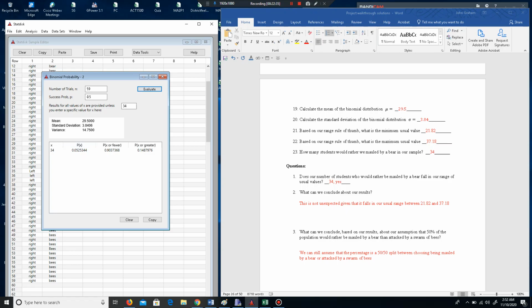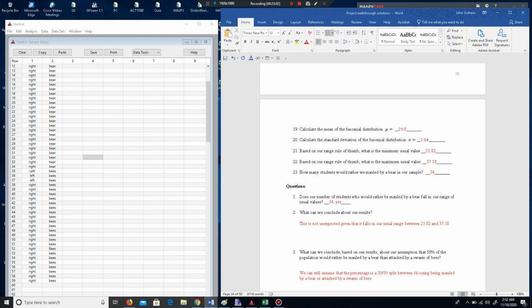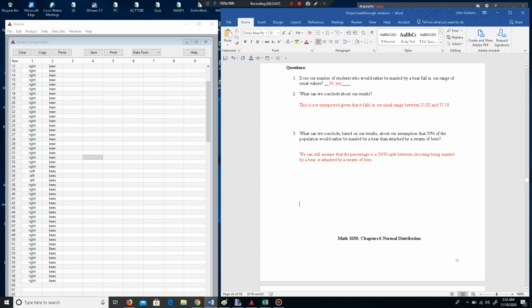But we can see that to actually get exactly 34 is a 5% chance. But it's a 90% chance of getting 34 or fewer and 50% chance of getting 34 or greater. But a 5% chance isn't that strange. It's a little on the high end, but not by much. Alright, I think that's the end of this.